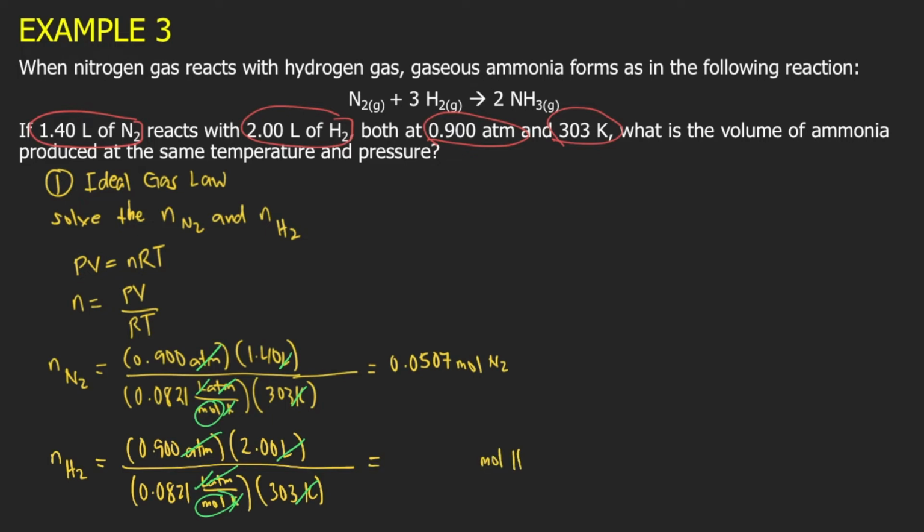So moles of H2, if you solve this in your calculator, 0.900 times 2 divided by 0.0821 times 303, you will get 0.0724 moles of H2. So now that we have solved the moles of the individual reactants, we can proceed to the second part of the solution, which is stoichiometry.